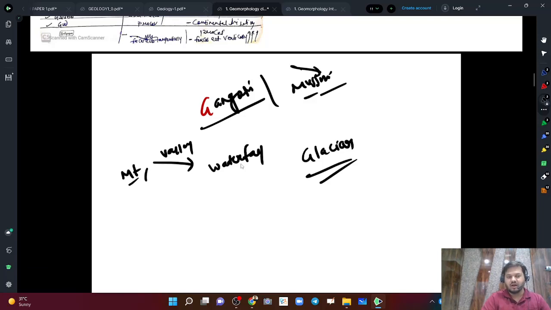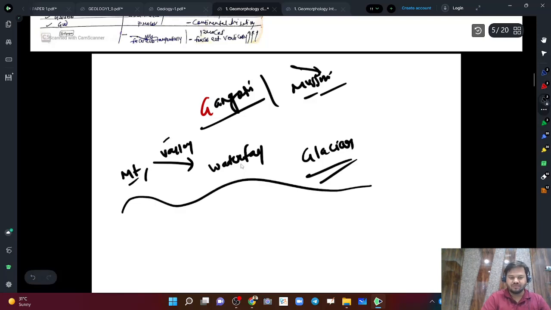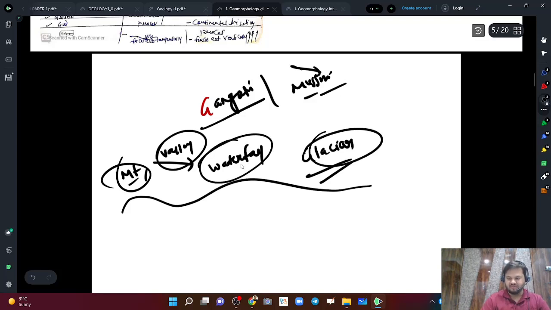So you are seeing lots of landforms basically. There is this valley, it is a landform; a mountain is a landform in a way. Then there is this waterfall, glacier, landforms you are seeing. So basically, landscape comprises multiple landforms.